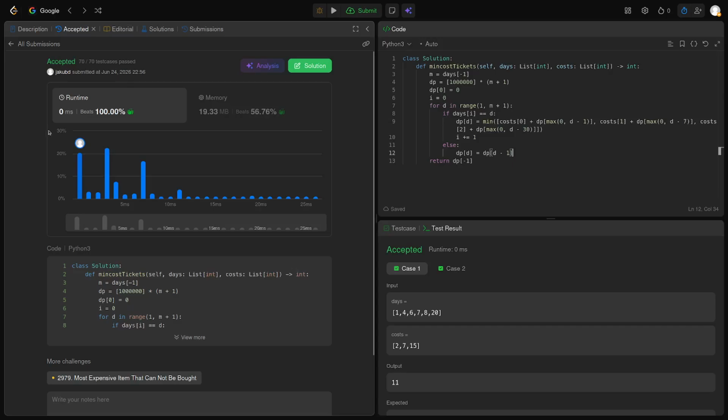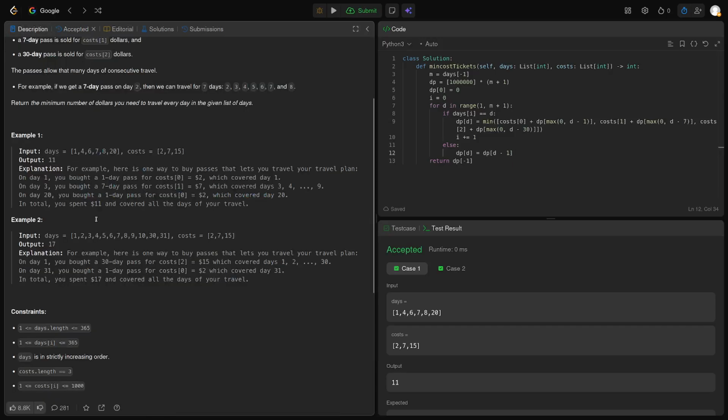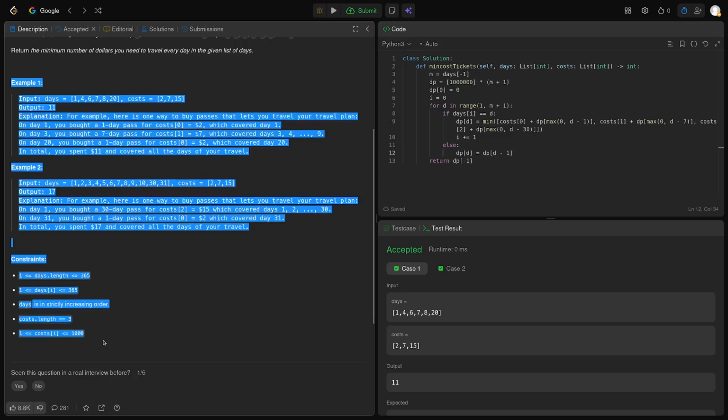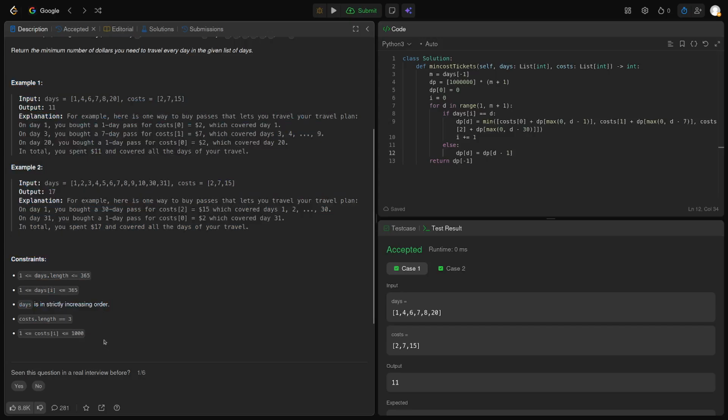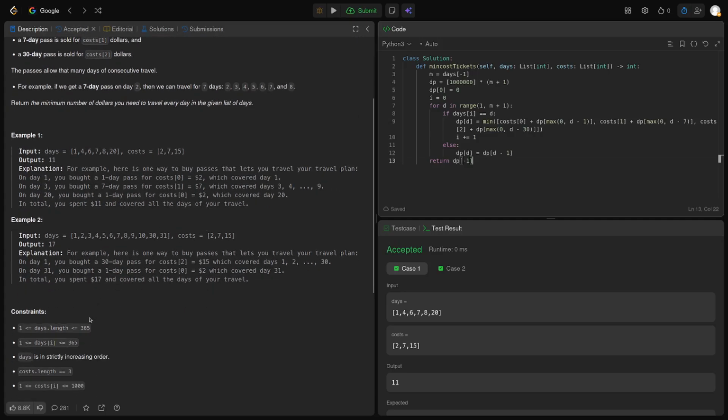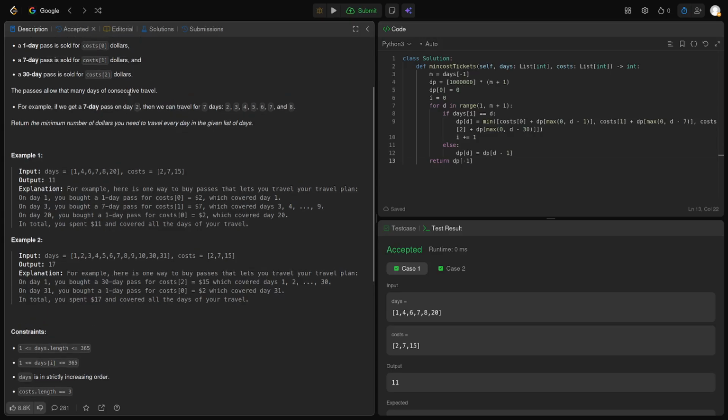I guess we get the fastest solution, but there are different approaches, right? Another approach: because the number of days is always larger, first of all, we could cut down on the memory to keep only the last 30 days, which is absolutely useless because it's 365.